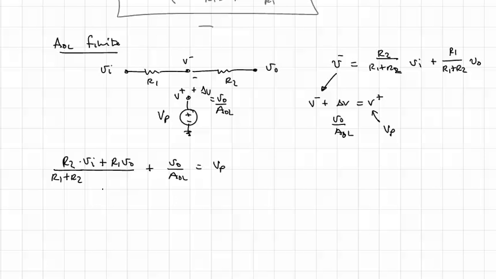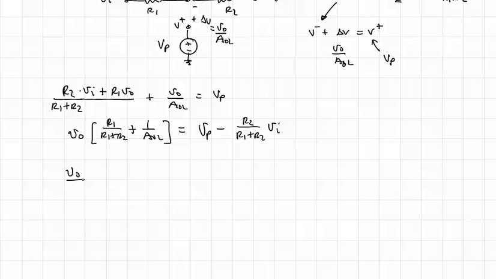Okay, now it's just a matter of collecting terms. So we'll have VO times R1 over R1 plus R2 plus 1 over AOL is equal to VP minus R2 over R1 plus R2 VI.